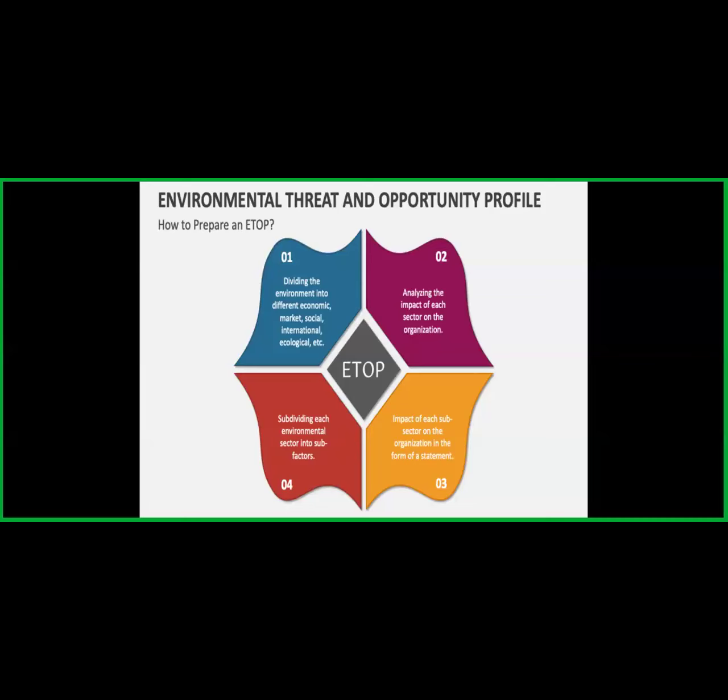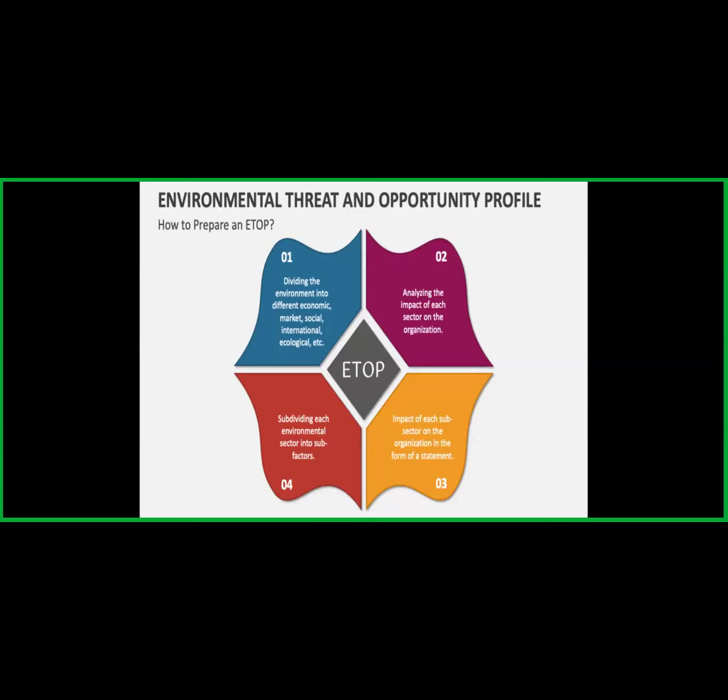A reactive tool is whenever the problem comes, we will discuss the problem, we will analyze or go to the root cause of the problem, and then we will find a solution or try to solve that particular problem. That is a reactive tool. ETOP is considered a proactive tool. ETOP is not waiting for the problem to occur.